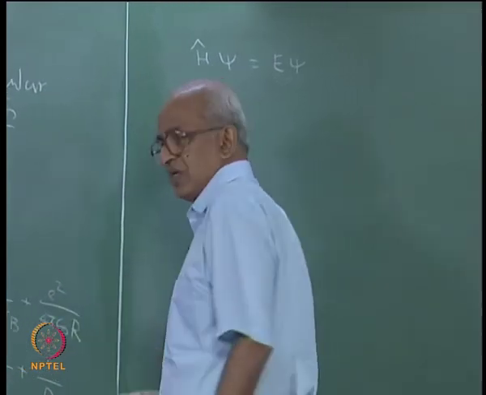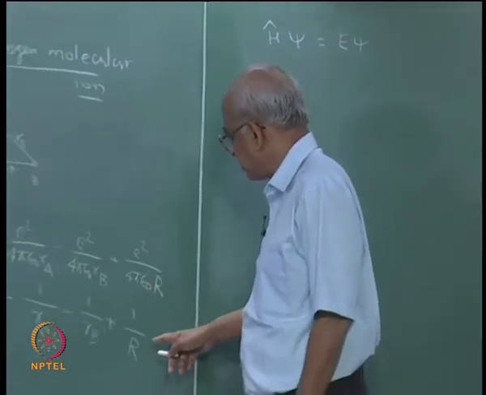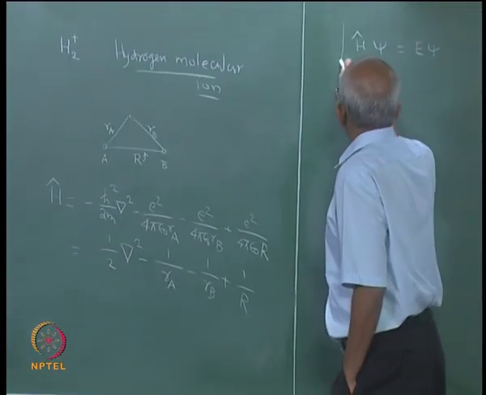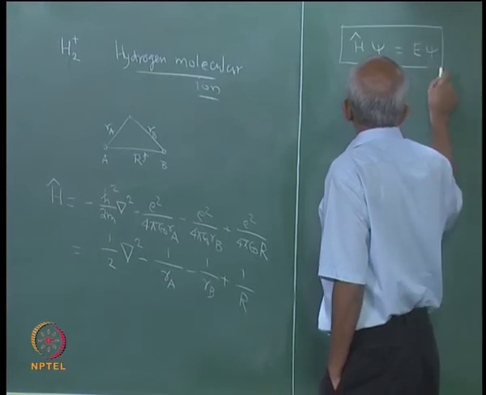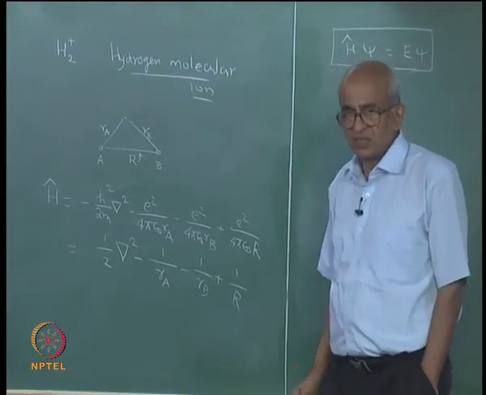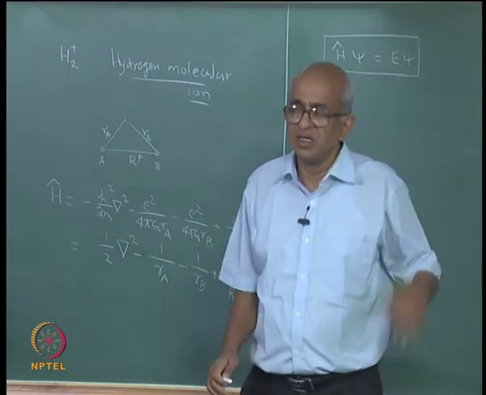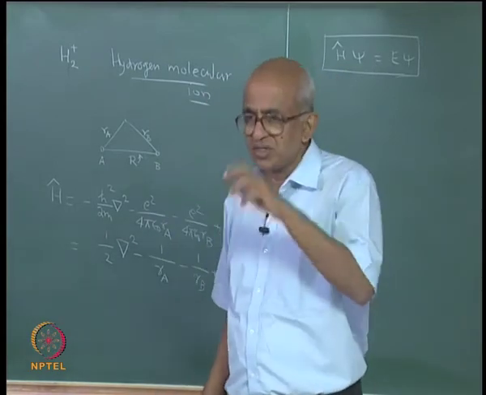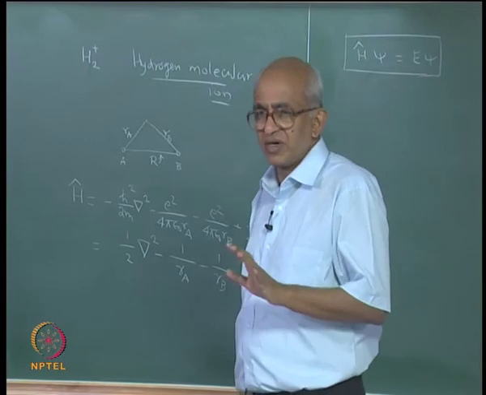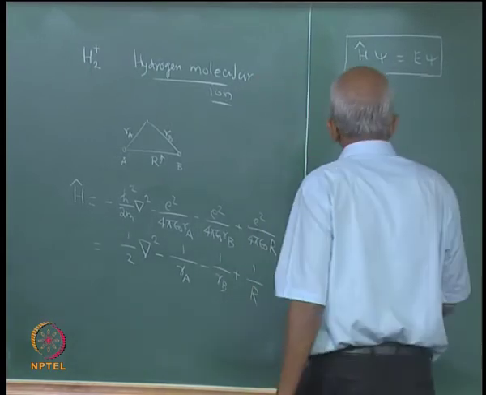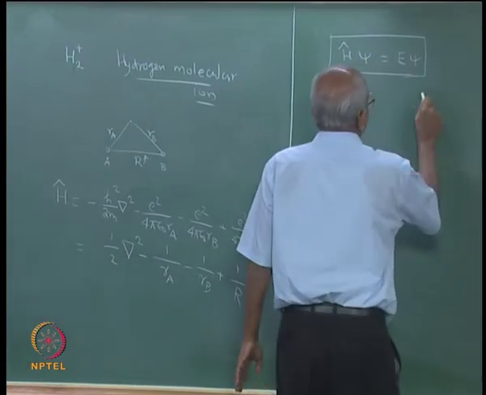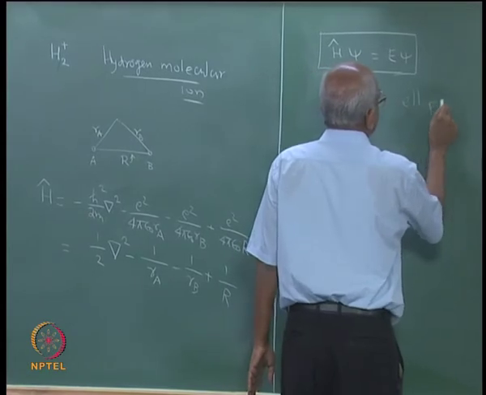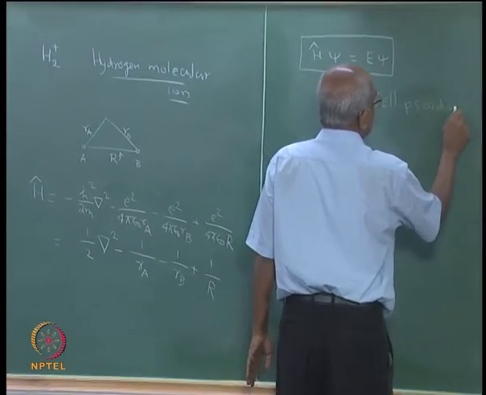Now incidentally, I should also tell you for your knowledge that this equation can be solved exactly. It is possible to solve it exactly by changing over to what are known as ellipsoidal coordinates. Okay. Just like parabolic coordinates, there is another coordinate system which is referred to as ellipsoidal.